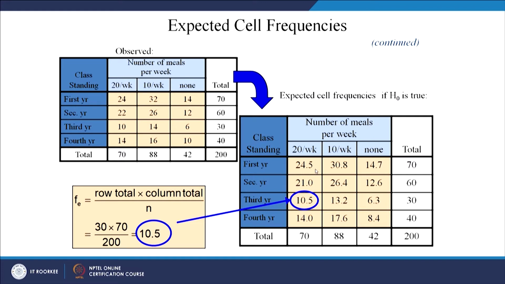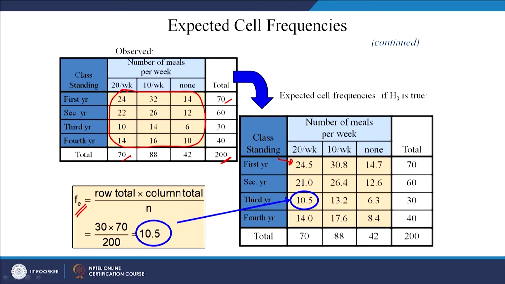So, first of all, you need to calculate expected value for each of these cells. These are different cells wherein we have written observed frequencies, right. So, FE are expected frequencies, row total multiplied by column total. So, 70 into 70, right, divided by 200, you will get 24.5, right.